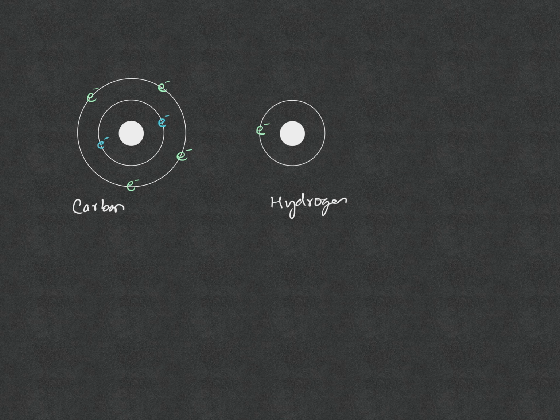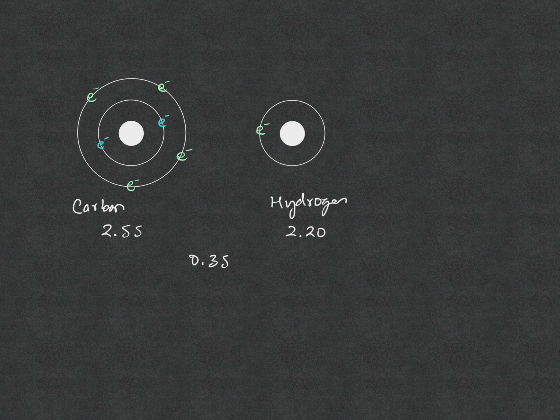Now let us take an example of 2 elements, carbon with 4 valence electrons and hydrogen with only 1 valence electron. If we go back to the table, carbon was 2.55 and hydrogen was 2.20. So what is the electronegativity difference between these two? Well, it is barely a difference of 0.35.